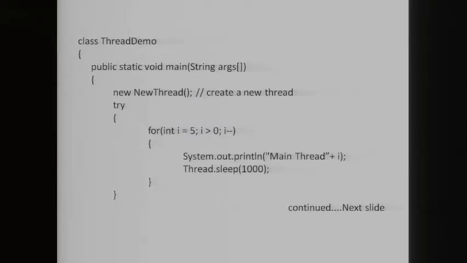So this causes the child thread's for loop to begin. Now after calling start, NewThread's constructor returns to the main method. When the main thread resumes, it enters its for loop.